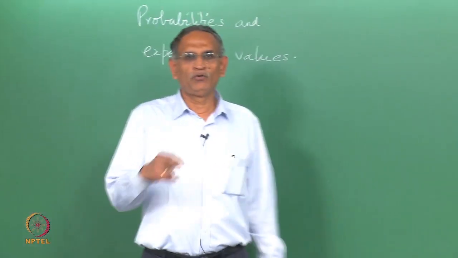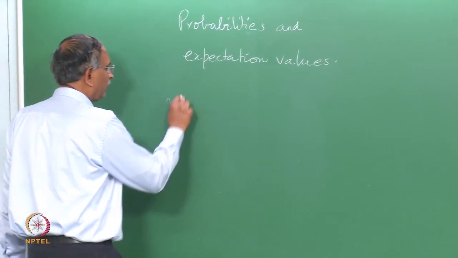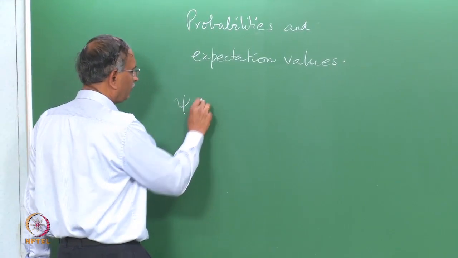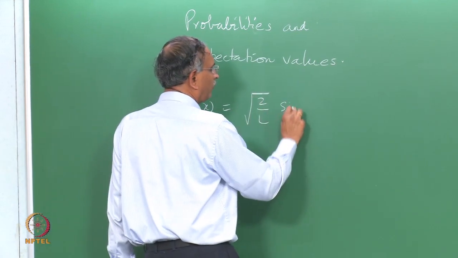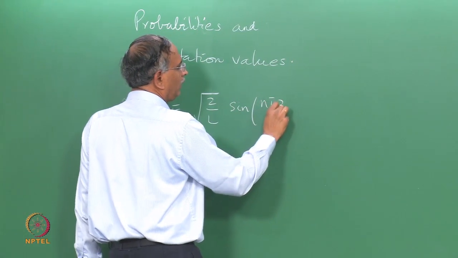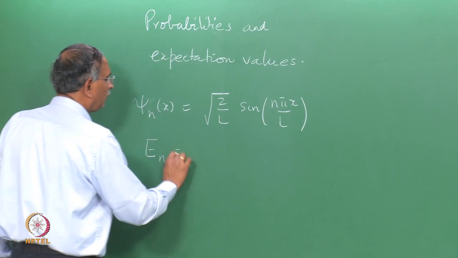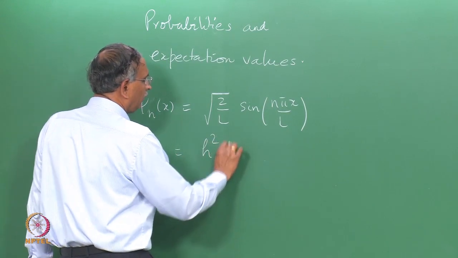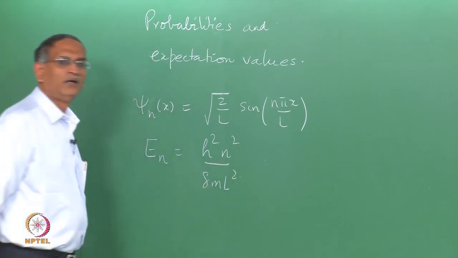So, let us continue from where we left, namely the wave function psi n of x as root 2 by L sin n pi x by L, and the energy E n as h square n square by 8 m L square.